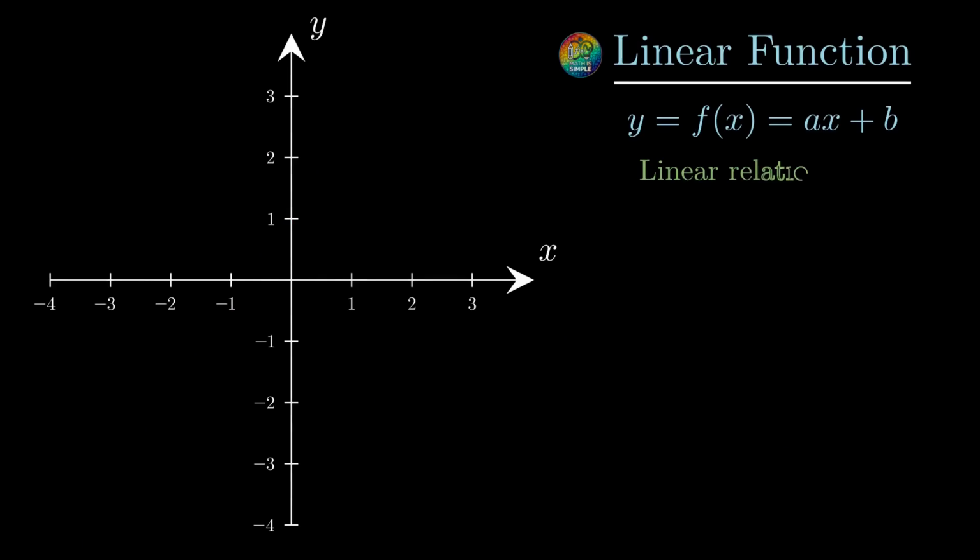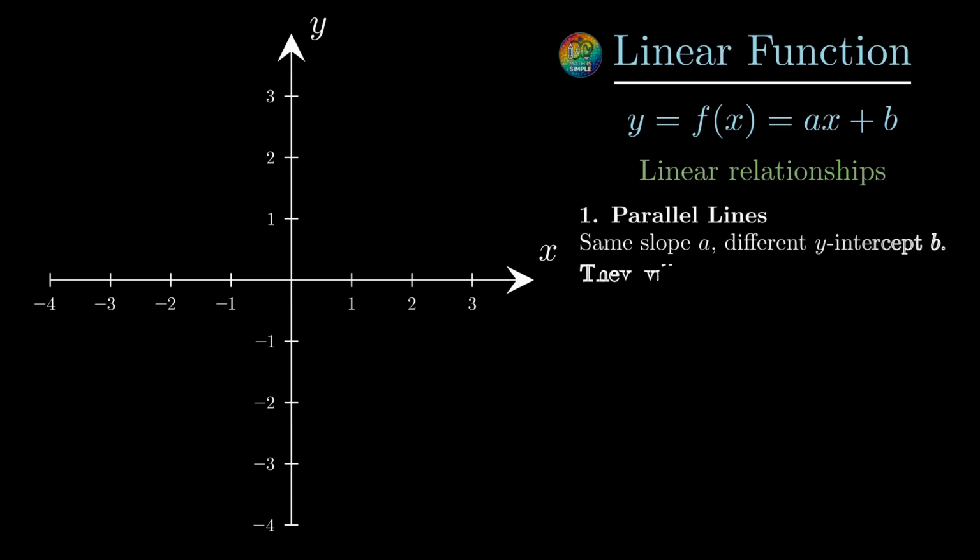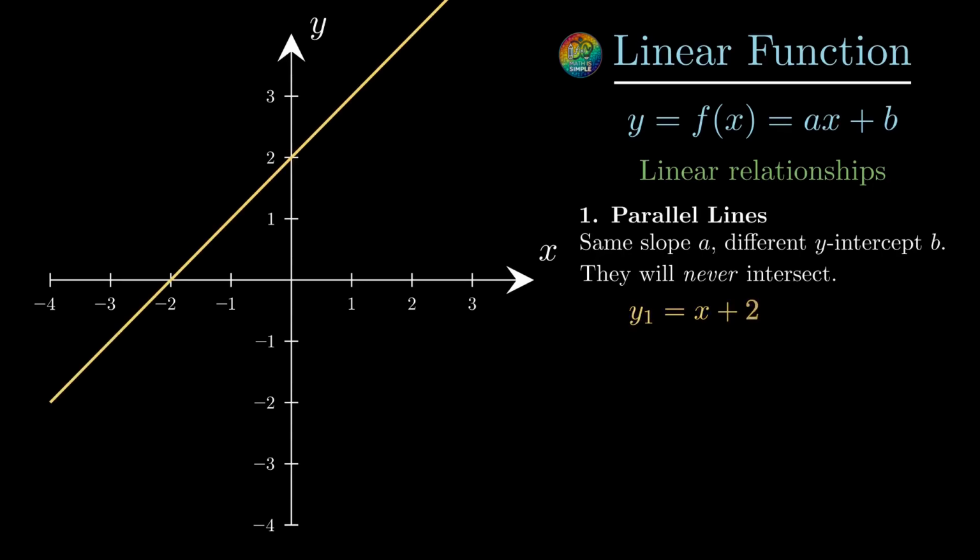To put everything together, let's explore how multiple linear functions interact with one another. By analyzing their slopes and y-intercepts, we can predict exactly how lines behave when plotted together. First, let's look at parallel lines.